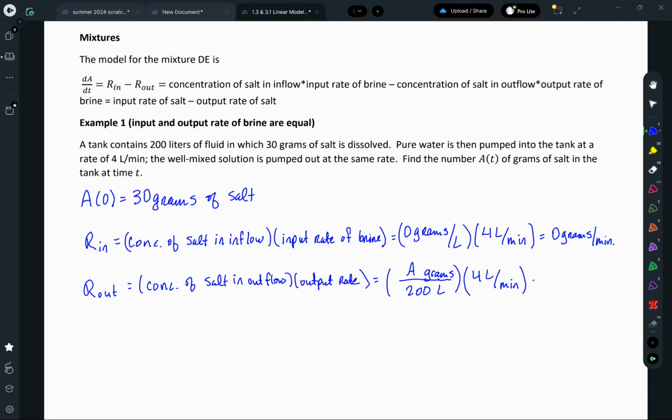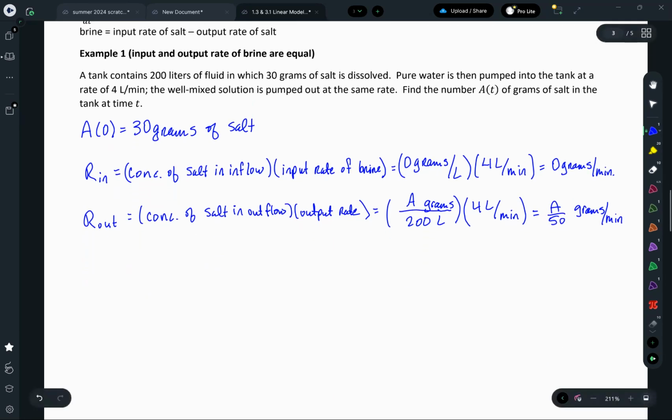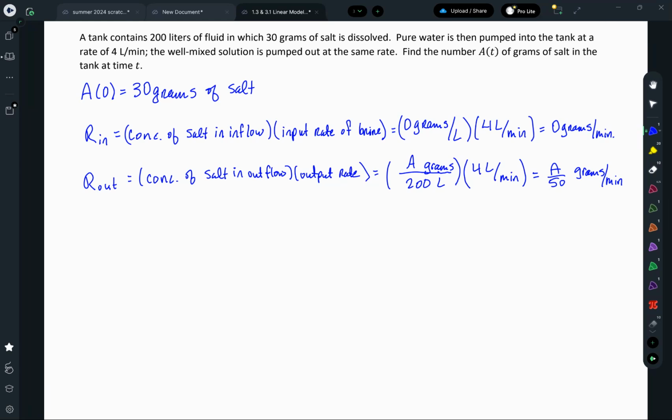What we get then is A over 50 grams per minute. I use my units, and you should use your units too anytime you're working with an application problem. Number one, because it's correct to do so, but number two, because following your units can sometimes save you in a problem. Okay, we need to set up our DE.